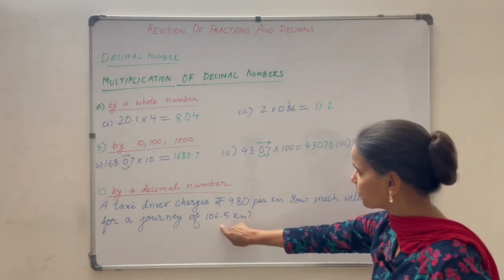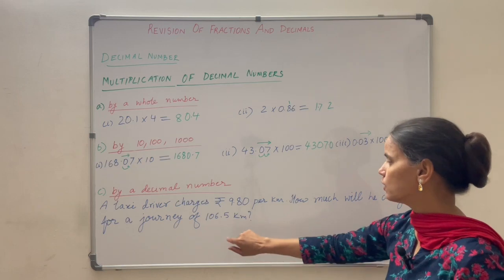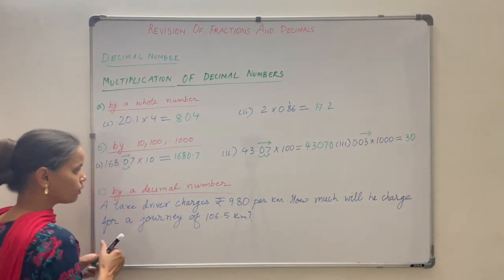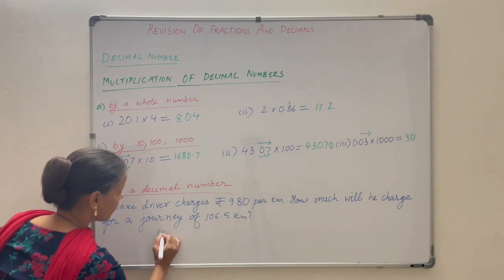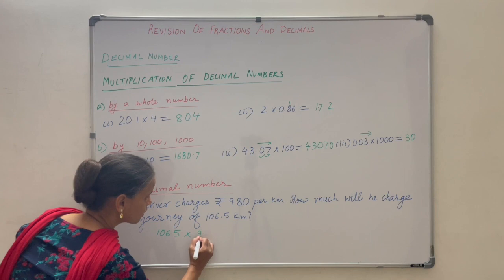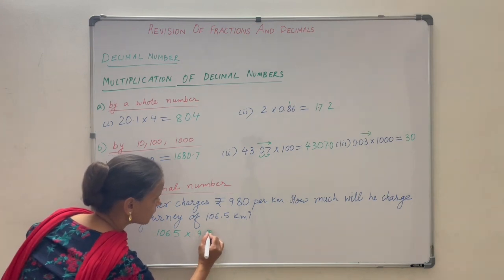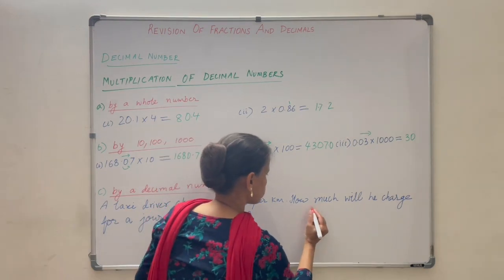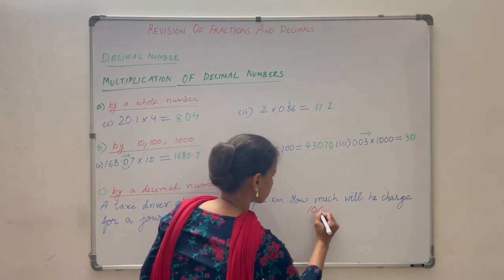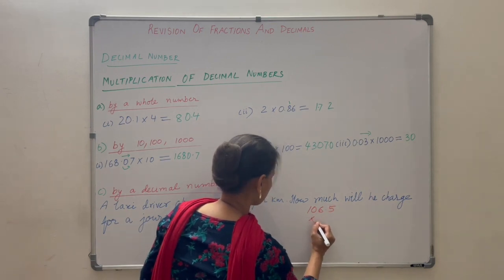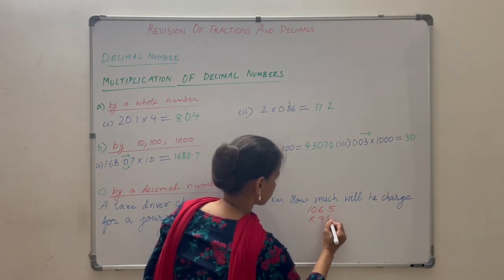So for this many kilometers means into 106.5. So what are you going to do? You have to multiply 106.5 into 9.8, or 9.80 is the same thing. You have to multiply this by 9.8.